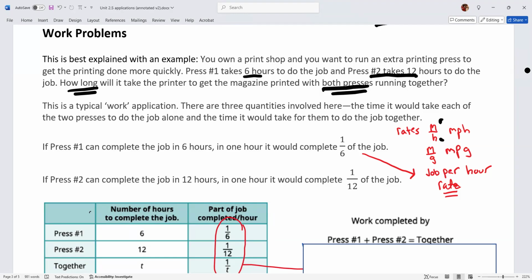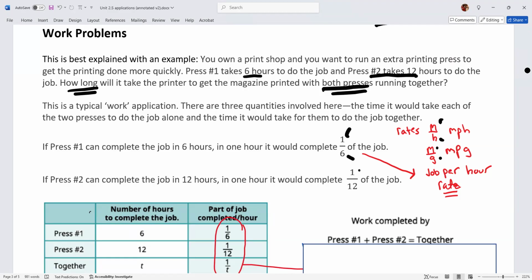Likewise, miles per gallon, we say MPG, but it's really a fraction. It's miles on top, gallons on the bottom. It's a rate. In this particular case, it's job per hour. And so when we write this as a rate, we think of the numerator, and it's always going to be a one because we're talking about one complete job, and the time it would take is 6 hours.